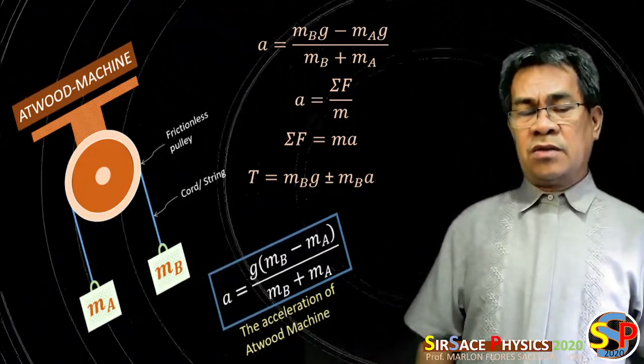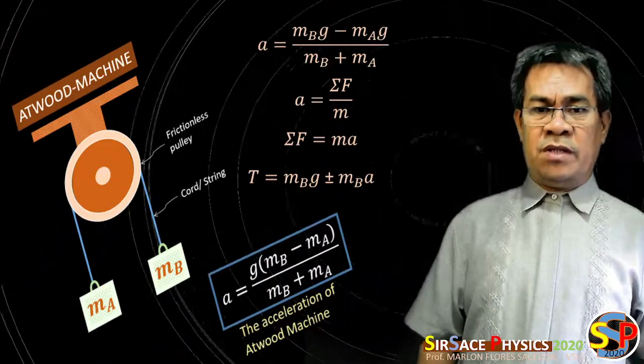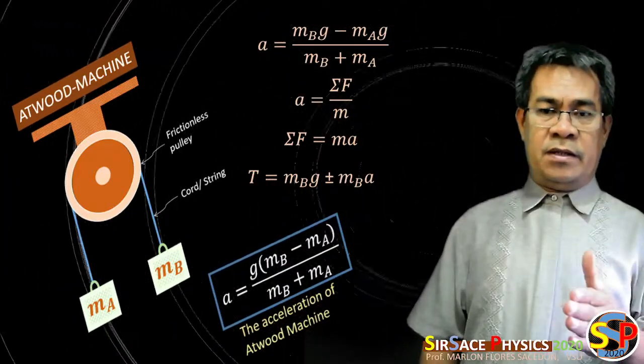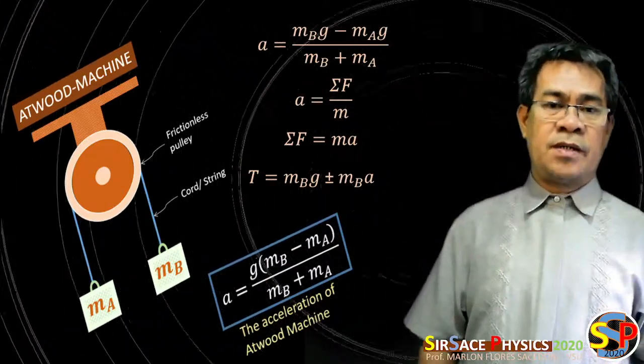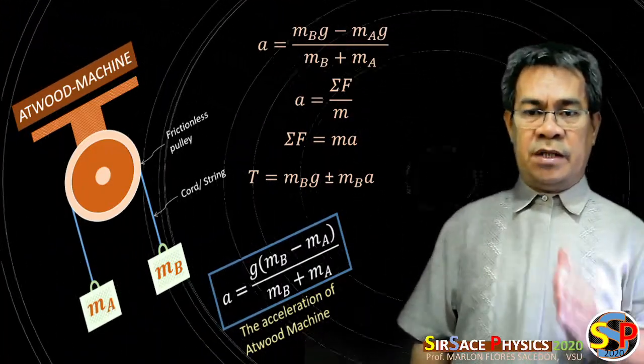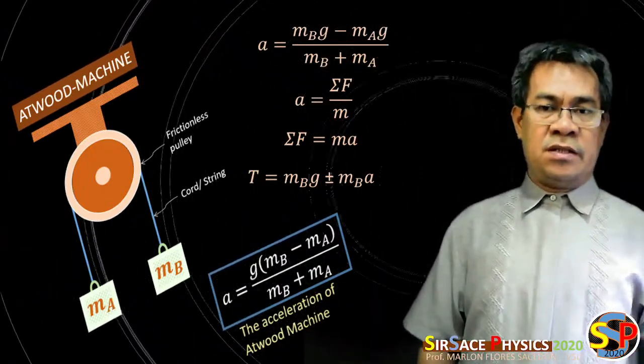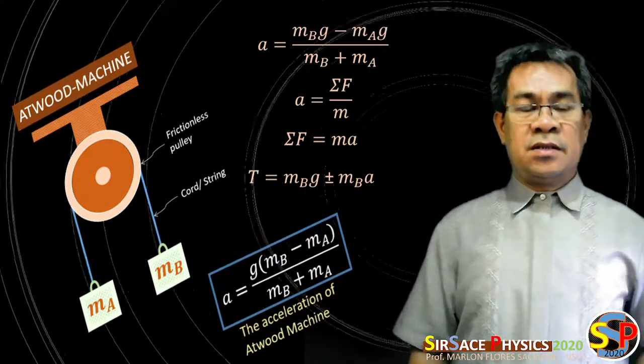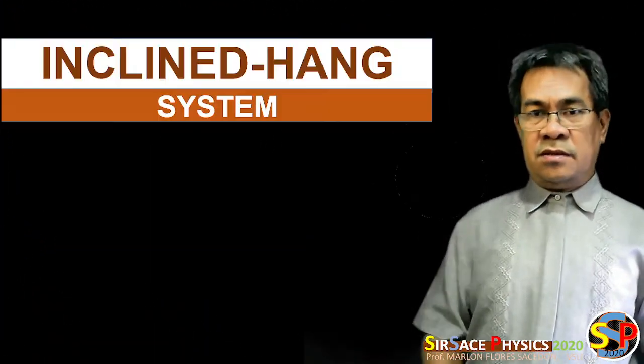Take note that we have the plus or minus. We will be using minus if B moves downward, and we will be using plus if B moves up. Okay, so this is it.